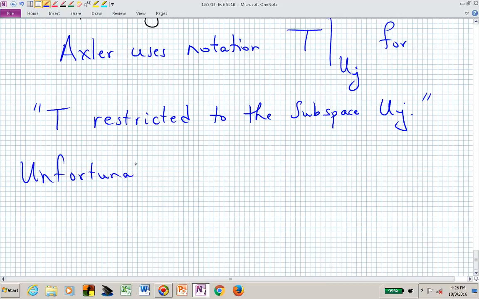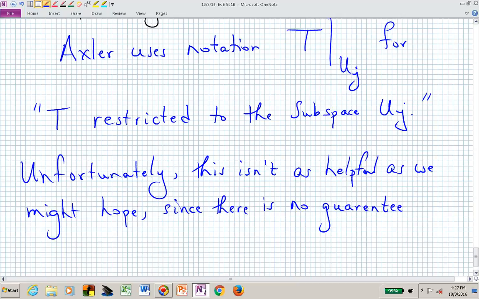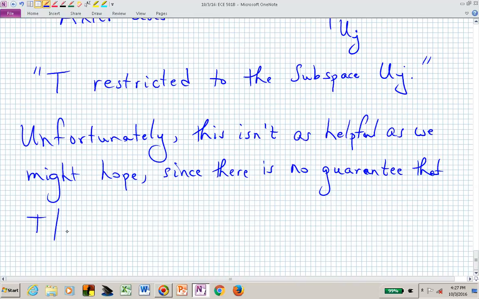Unfortunately, this restriction to a subspace isn't as helpful as we might hope, since there is no guarantee that this operator T restricted to U sub j is an operator on U sub j.